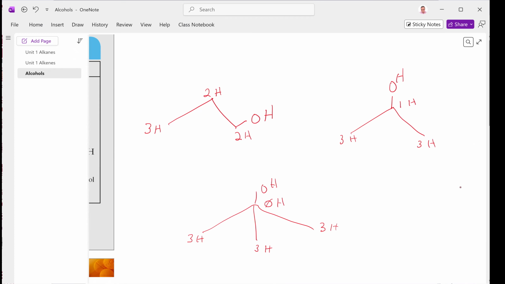Okay, if it's in the middle with another carbon branch off from it, it has no hydrogens. So if it's got 2 hydrogens on the carbon, it's called primary. It's got 1 hydrogen, secondary.